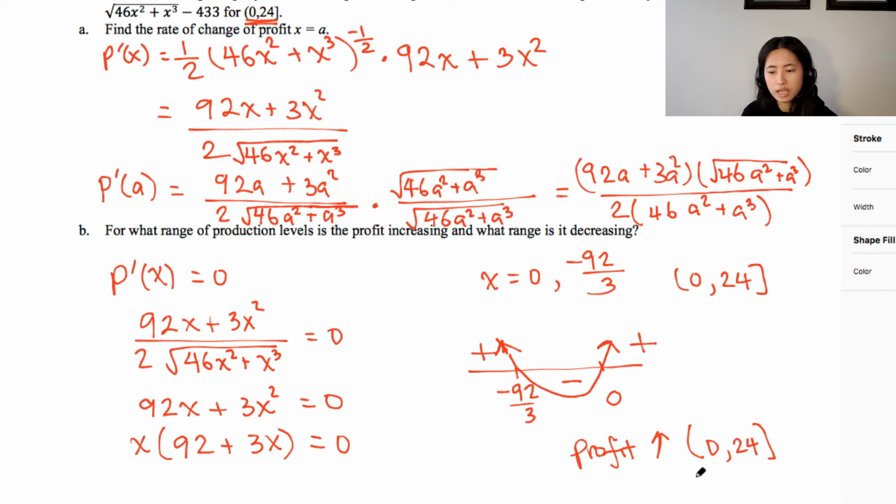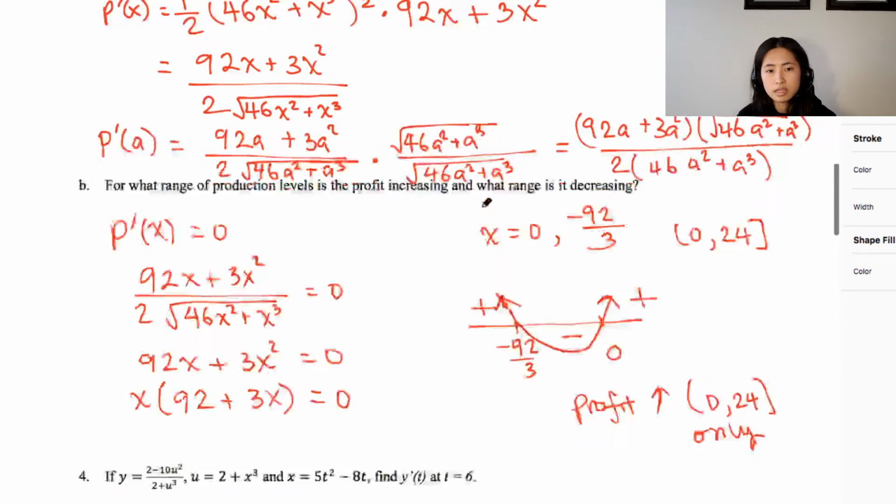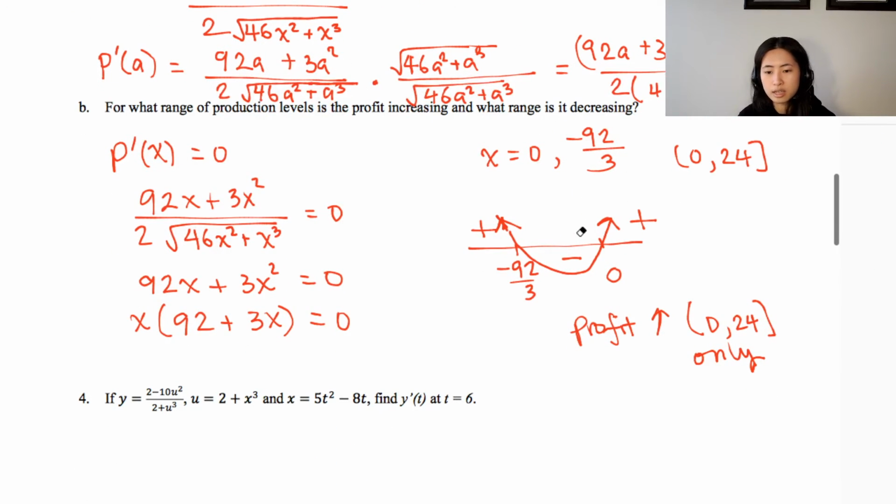And that's the only information that we can take here. Let's say you're looking at when your profit is decreasing. The only reason why I never really talked about this negative 92 over 3 is because it's not part of your restriction.